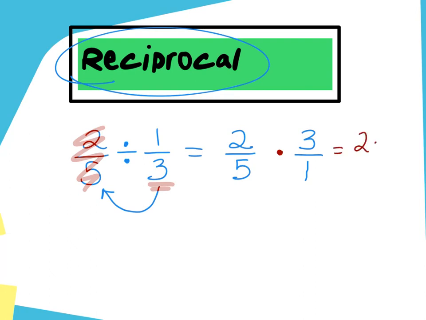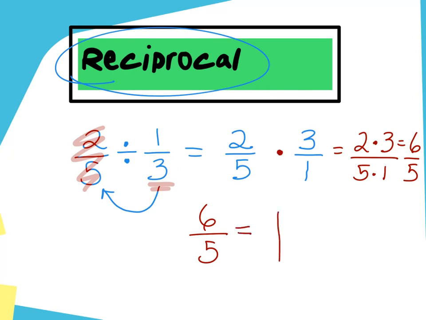I multiply 2 by 3 to get 6, and 5 multiplied by 1 to get 5. So 6/5 is 2/5 divided by 1/3. 6/5 can also be written as 1 and 1/5.